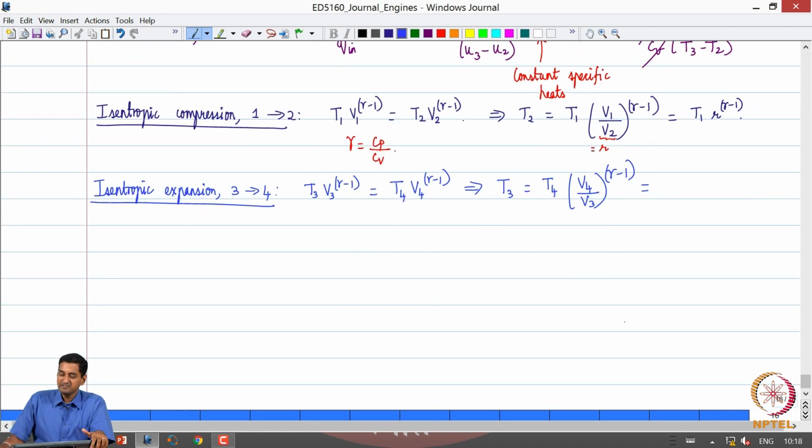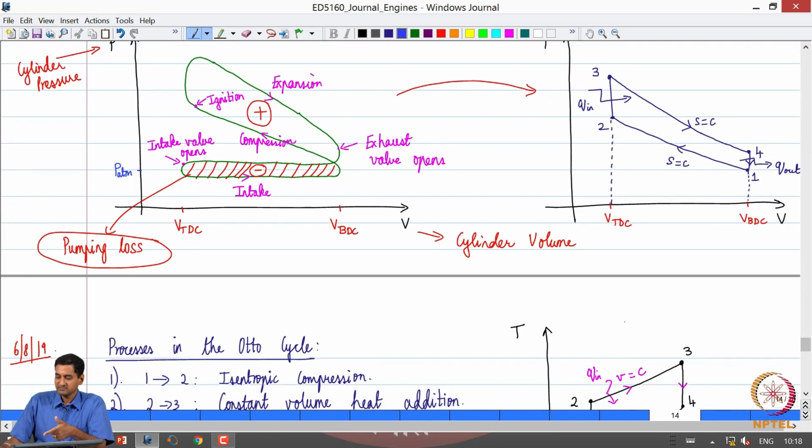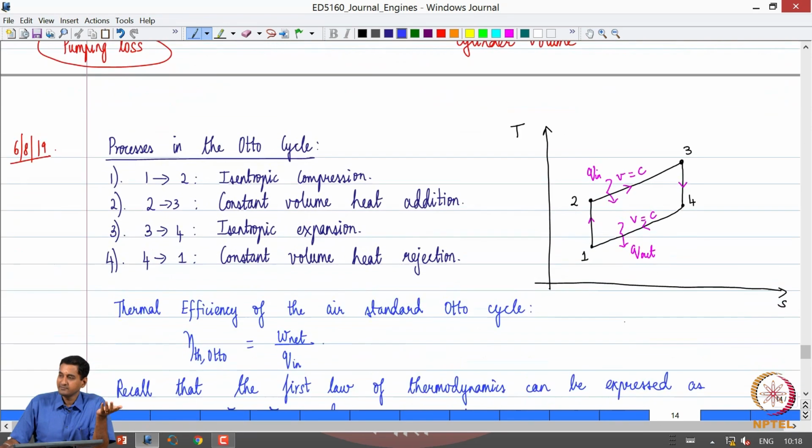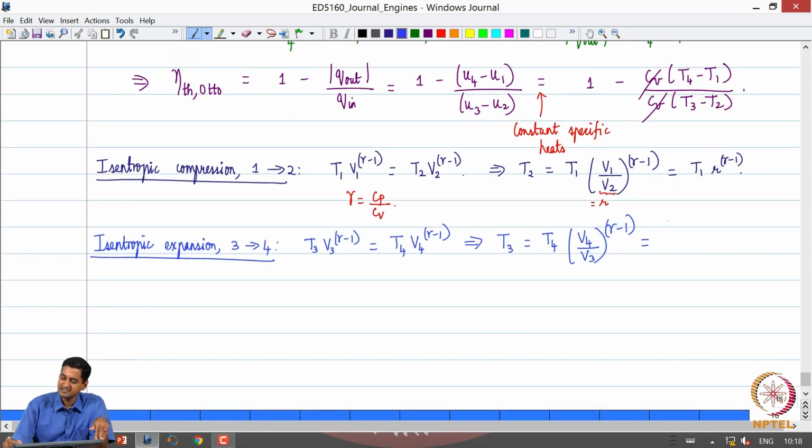Once again, what is V4 by V3? V4 is the volume at BDC, V3 is the volume at TDC, because the heat addition and rejection processes both take place at constant volume. So V4 by V3 is once again R, the compression ratio. This implies that T3 is equal to T4 R^(gamma minus 1). We are almost done now.